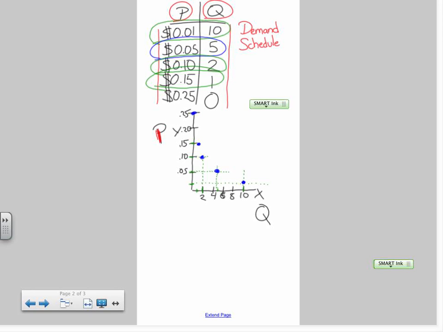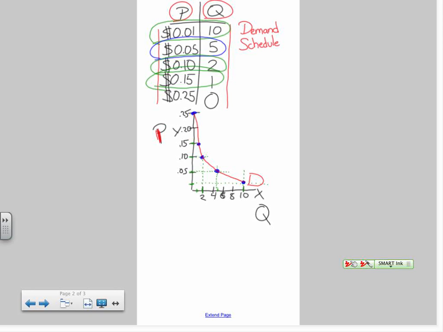And then our favorite part in economics is you get to connect the dots. Even if yours doesn't look exactly like mine, if what you ended up with is a downward sloping line, you've got yourself a demand curve. You always label it over here with a big D, demand curve.